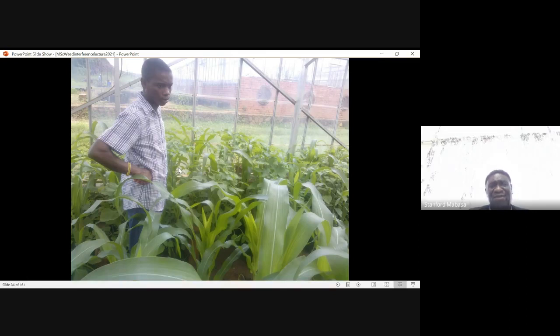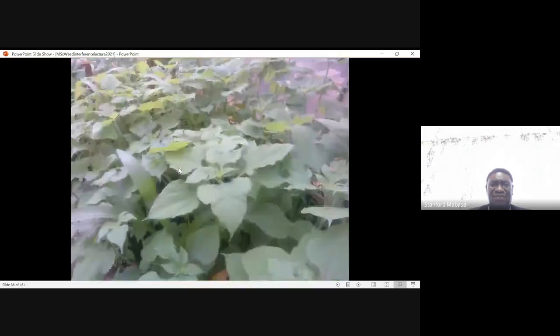Here I've got a slide of a student who was doing an additive design here at UZ, working with maize and Tithonia, wild red sunflower. You can see this is the weed, which is almost, you cannot see the maize.